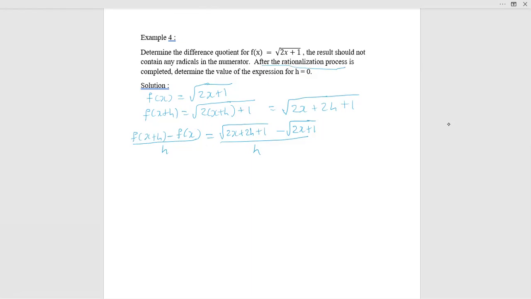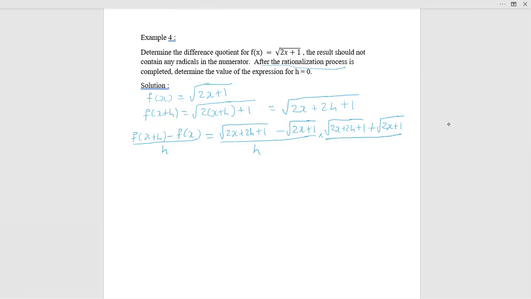Now, to rationalize, we multiply this by the conjugate of the numerator. We multiply by square root of 2x plus 2h plus 1, change the minus to plus, square root of 2x plus 1, and divide by the same thing.